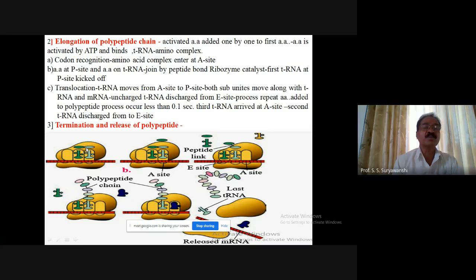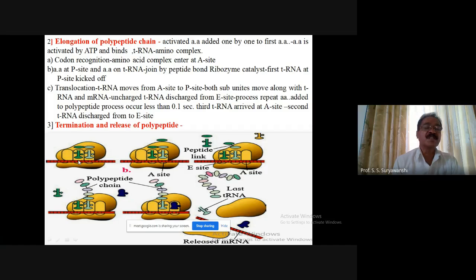So the binding takes place, and then in the next process, the codon recognition: the codon recognition amino acid complex enters the A site. Because of this, you can see the tRNA has anticodons, so it recognizes the codon written on the mRNA.